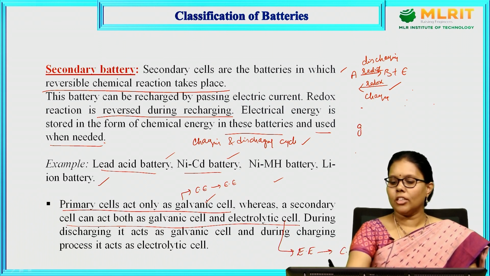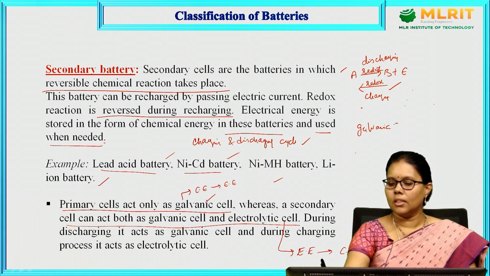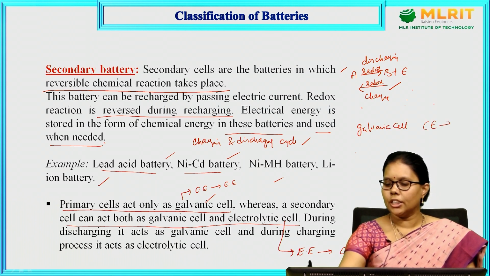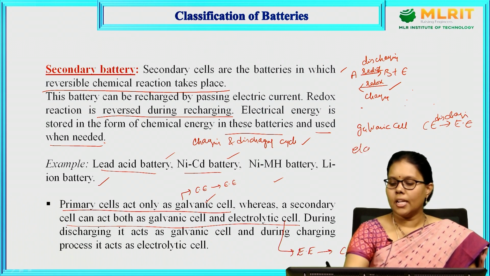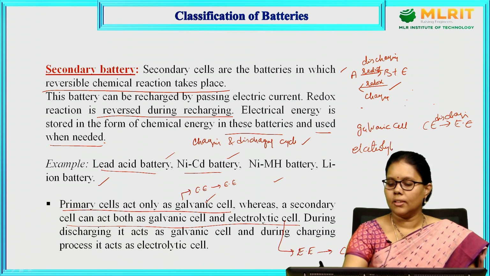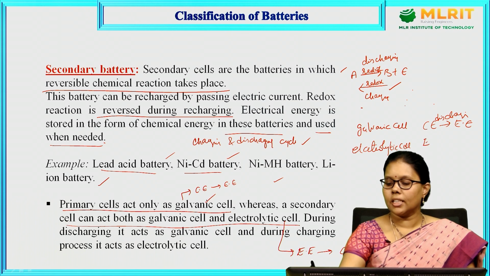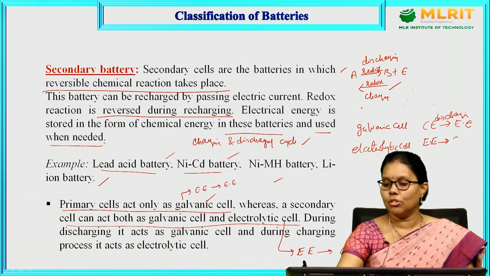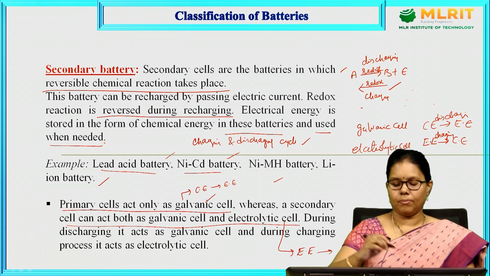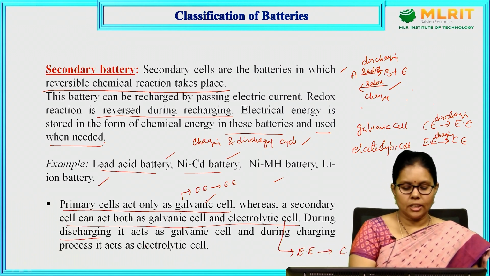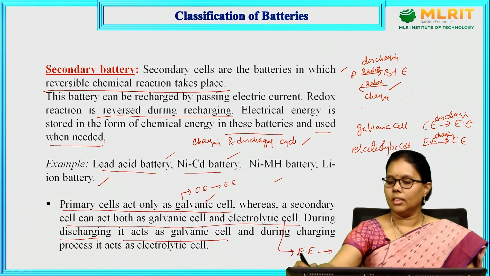In a galvanic cell, chemical energy is converted to electrical energy, which is nothing but discharging. In an electrolytic cell, there is a conversion of electrical energy to chemical energy, which is nothing but charging.